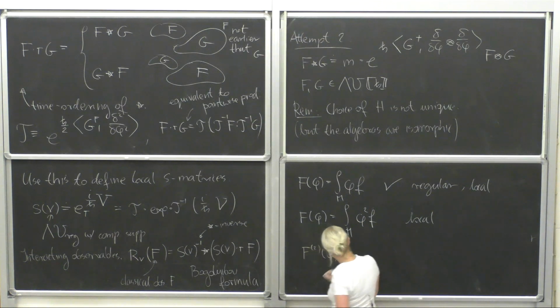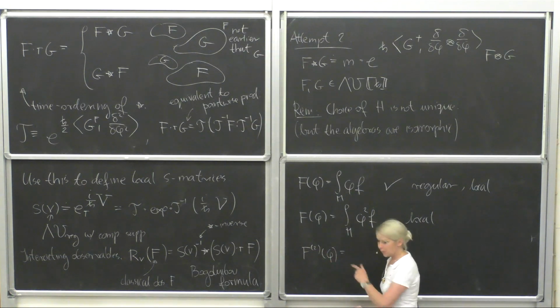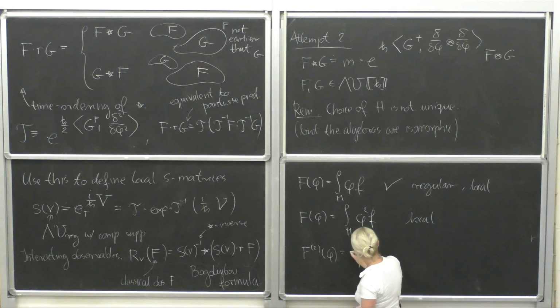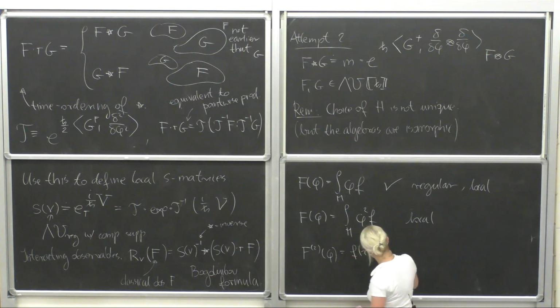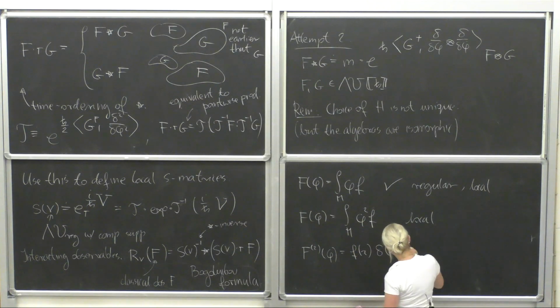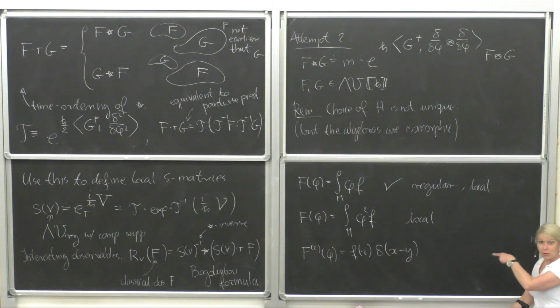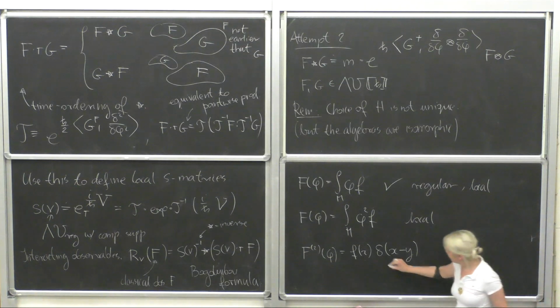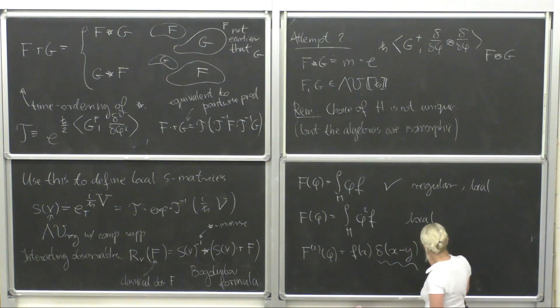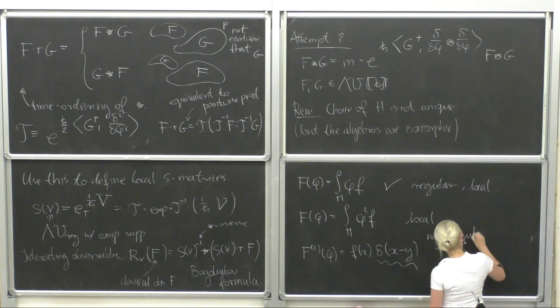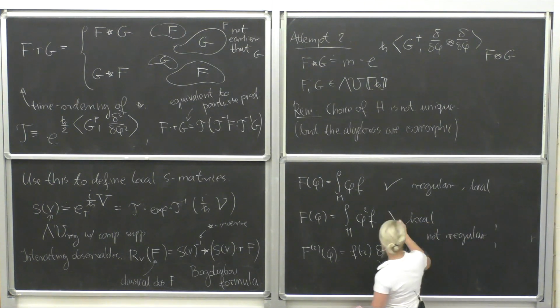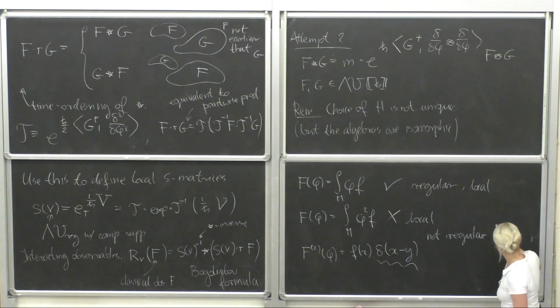This doesn't depend on phi actually anymore. I get f of x times the Dirac delta of x minus y. You can check it at home. Now that's not very regular, okay? This is not smooth. So not regular. Okay, so that's bad. So it only gets worse.